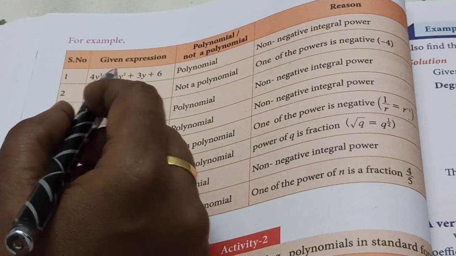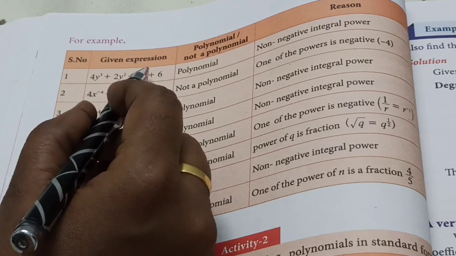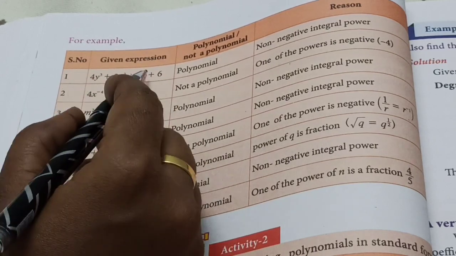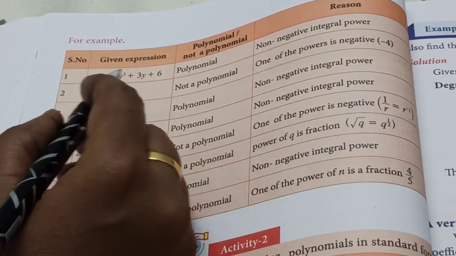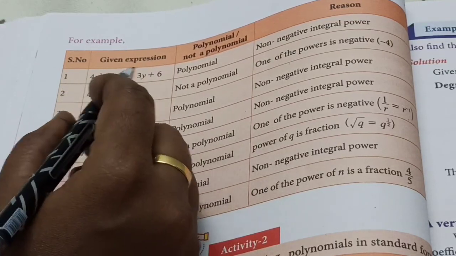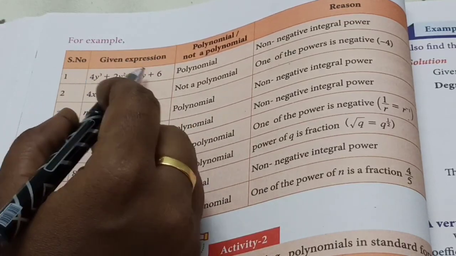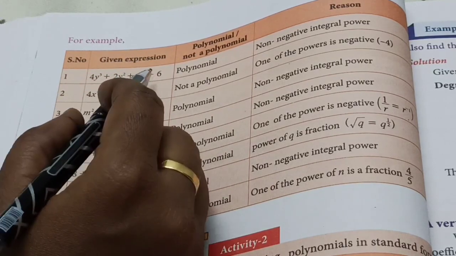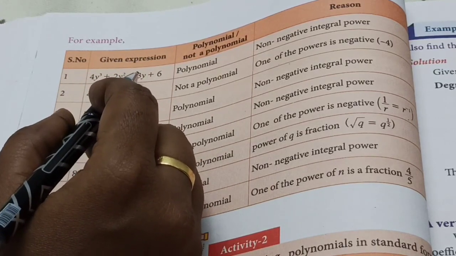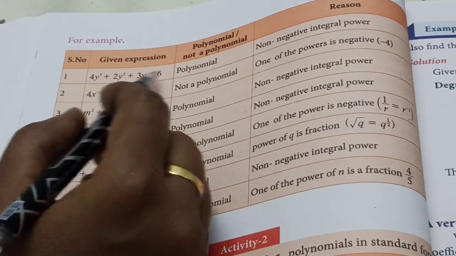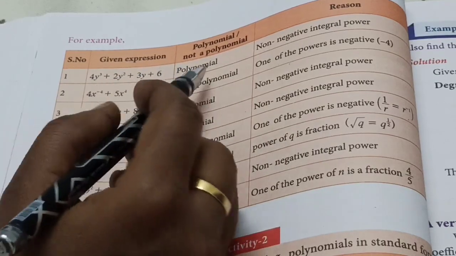Then y cube, then y square, then y power 1, isn't it? Then everything what? Positive integers. That means everything whole numbers. Have you understood? The non-negative integral power. Okay, non-negative. So this is the polynomial.